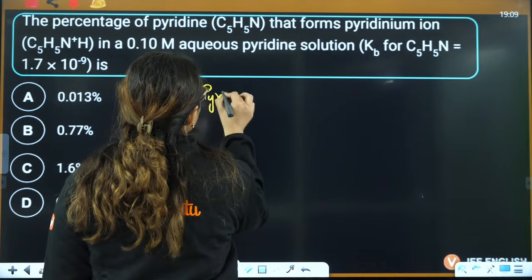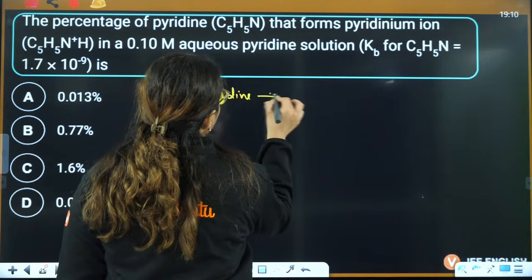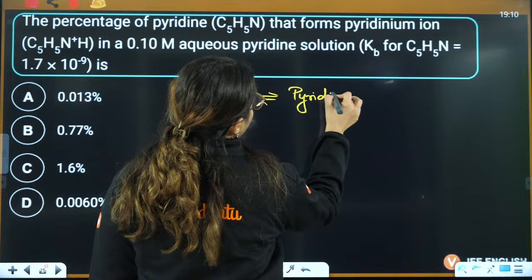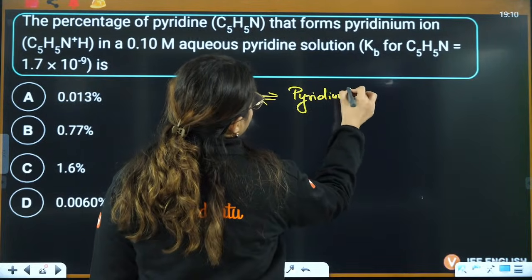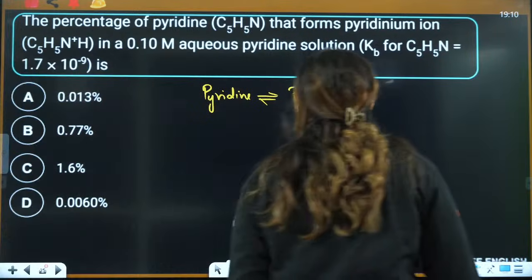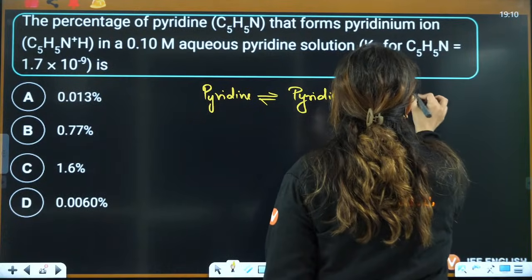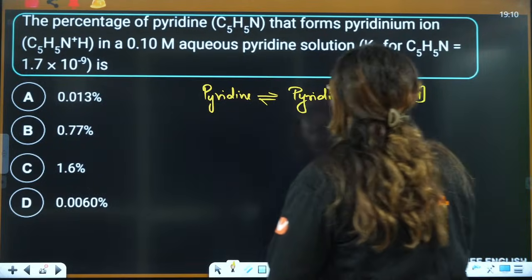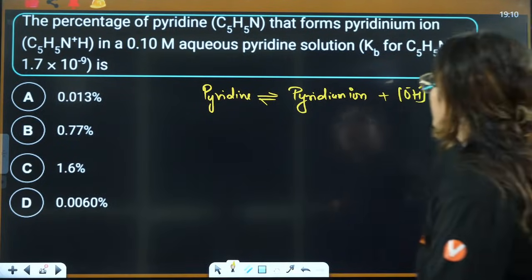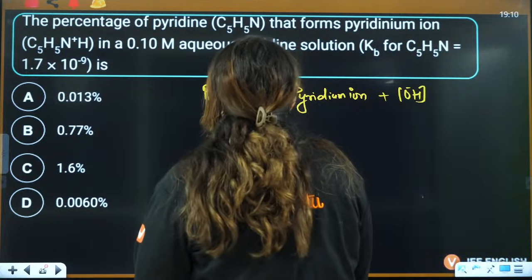This is pyridine. It is getting H positive, it is getting converted to pyridinium ion, right? And it is giving us OH negative, because it is accepting H positive.